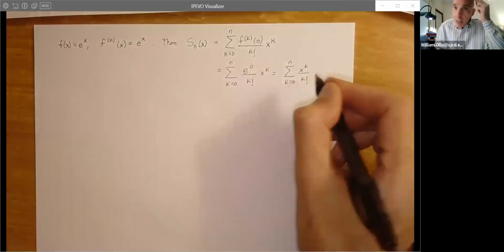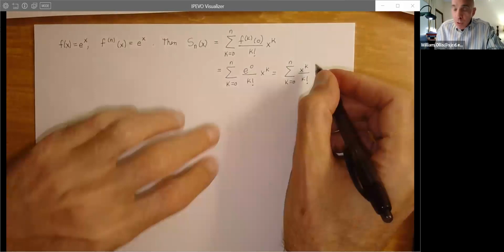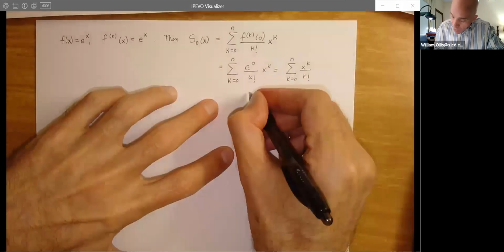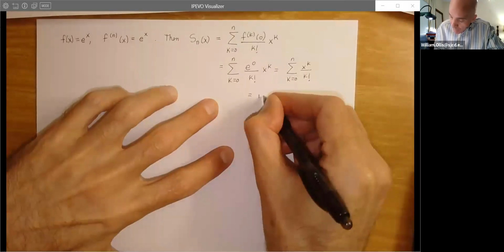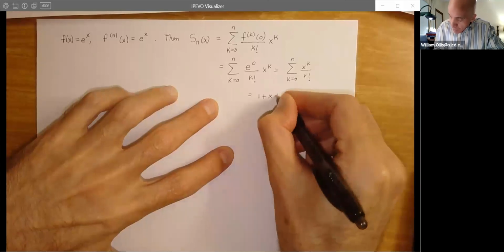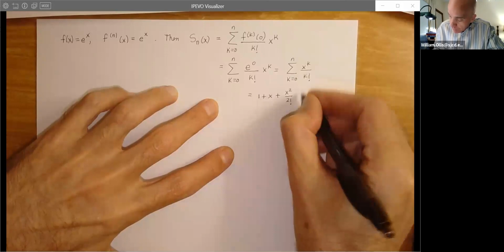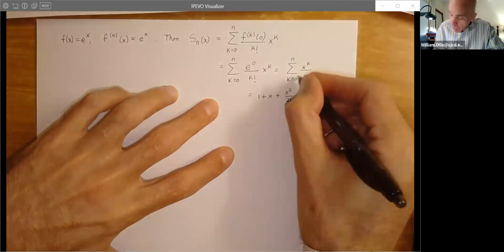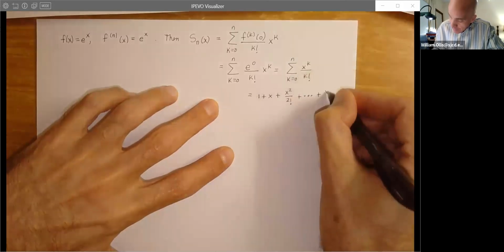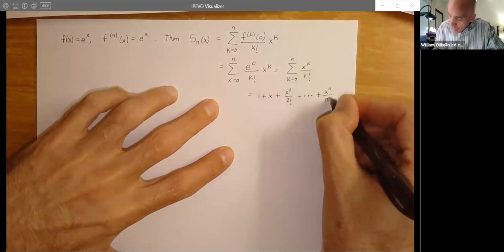So now we get that nice progression: 1 plus x squared over 2 factorial, and we keep going all the way to where k equals n. So this is what we see in the list.